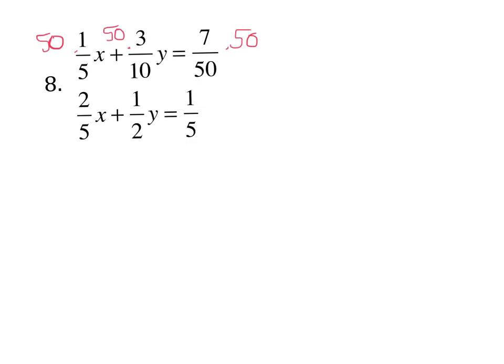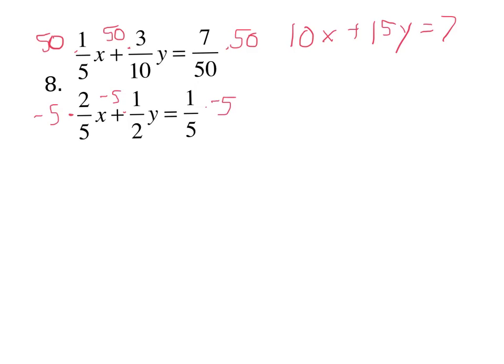And that would give me 10x plus 15y equals 7. And the bottom equation I'm going to multiply by a negative 5 just so I get some negative answers and some positive answers.